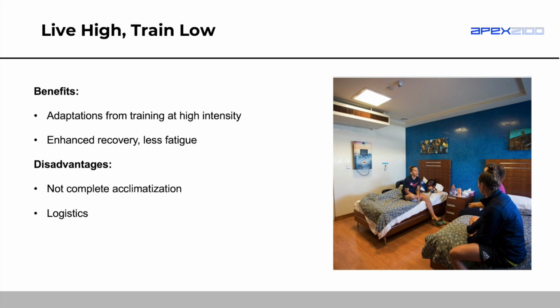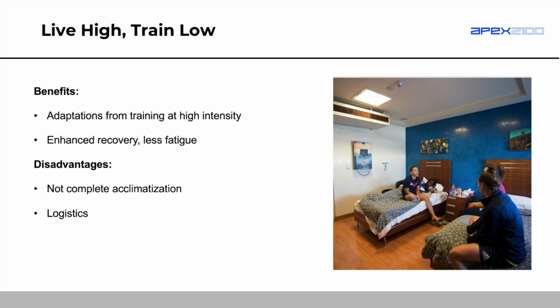An old colleague of mine went to Qatar with a soccer team once, and they implemented this brand new training facility. I found a picture online. I'm not sure if this is the exact same picture, but basically it was a soccer team, and they made their bedrooms low oxygen environments. So even though they were living at sea level and training at sea level, they made the rooms so that there wasn't much oxygen in there, so that they could get some sort of acclimatization adaptations to this low oxygen environment whilst they were sleeping and getting ready in the morning, and then they'd go out of their rooms and do their training at the same intensity.